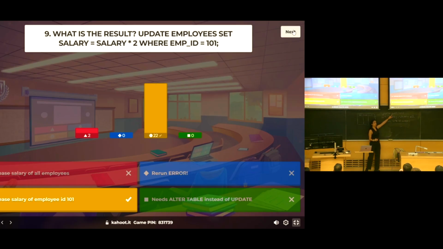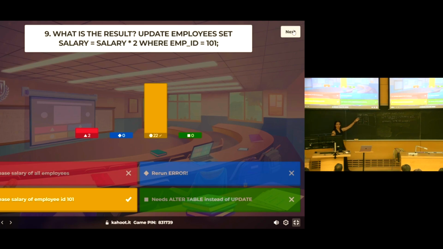So we are updating the employee table, right? But what update exactly? We are setting the column salary. Let's say we have something like this here. We have employee ID and salary, right? And then we have employee ID 101, 102, 103, and so on. The salary here is 100K, here is 100K, it's 900K, and so on.